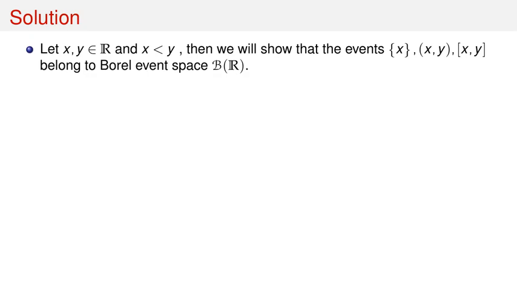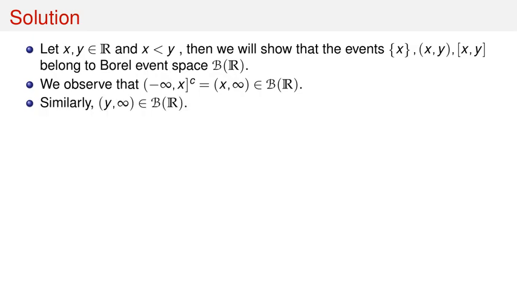Let's walk through the solution for showing these sets are in B(R). Let x, y be in R with x less than y. We want to show that {x}, the open interval from x to y, and the closed interval from x to y are in B(R). First, since the interval from minus infinity to x closed is in B(R) by definition as a generator, its complement, the open interval (x, infinity), must also be in B(R). Similarly, the open interval (y, infinity) is in B(R).